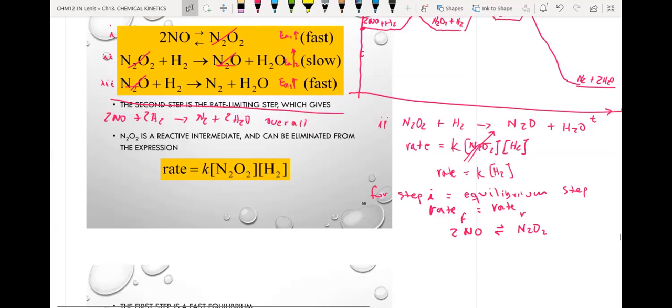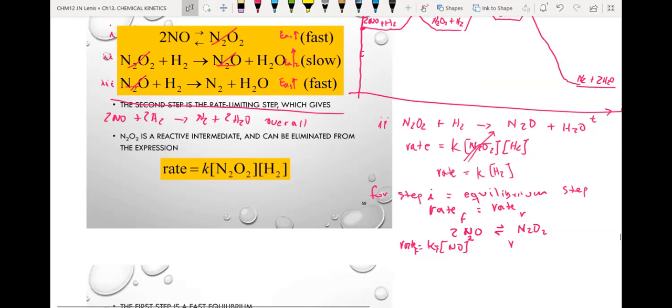So for the forward reaction, rate equals constant times concentration of NO. And since this is an elementary step, this is going to be the order of the reaction with respect to NO. And this is the rate of the forward, so this is going to be the constant of the forward reaction.